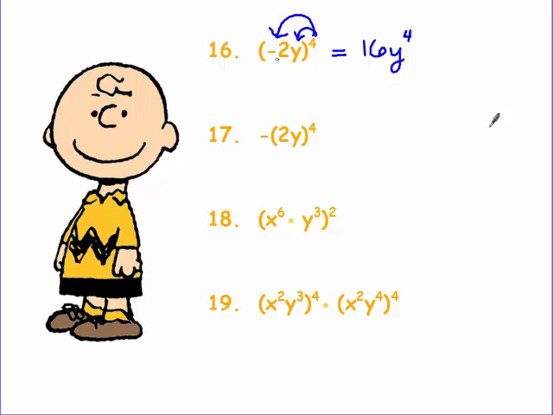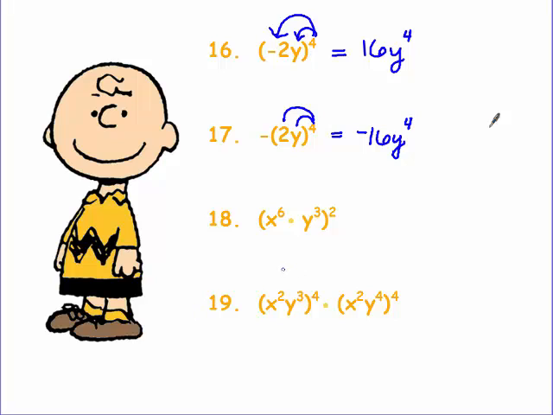Notice the negative sign is within the parentheses, so it was negative 2 being raised to the 4th power. Here, the negative is outside the parentheses, so the only thing being raised to the 4th power is the 2, which does give you the 16y to the 4th, but that negative out front is like multiplying by negative 1, so you get negative 16y to the 4th.